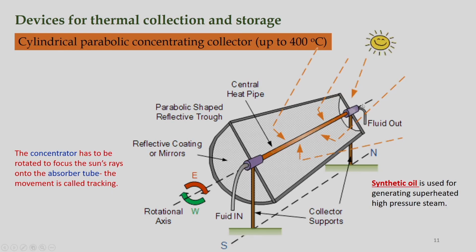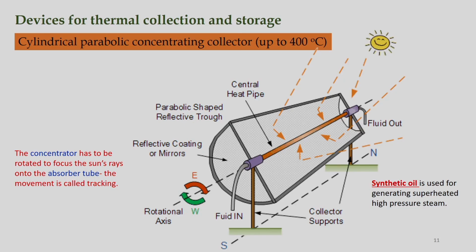It is rotated with time, so that all the energy received by the concentrator can be focused onto the absorber component. The absorbers are made of steel, and over it there is an annulus tube.